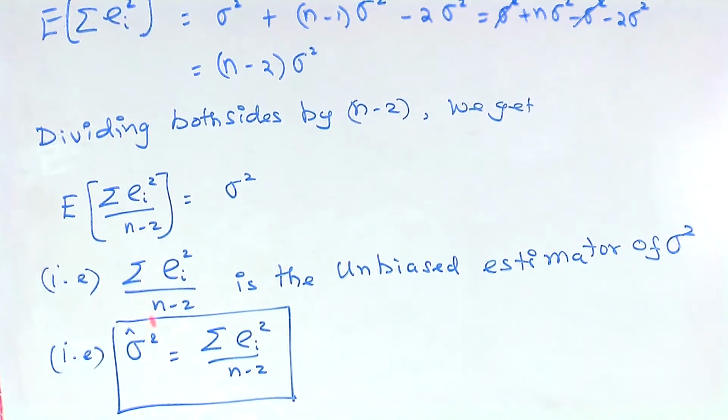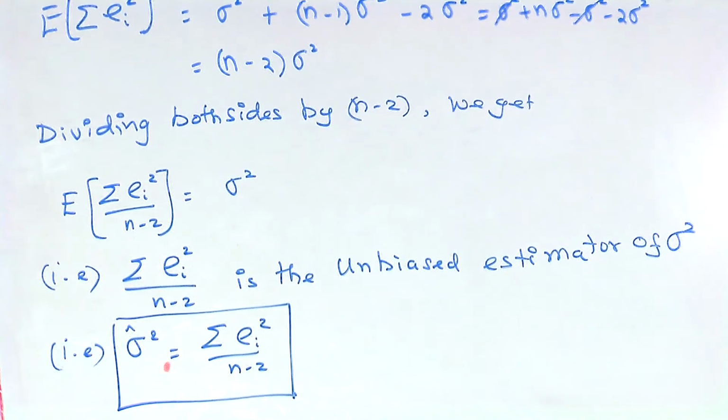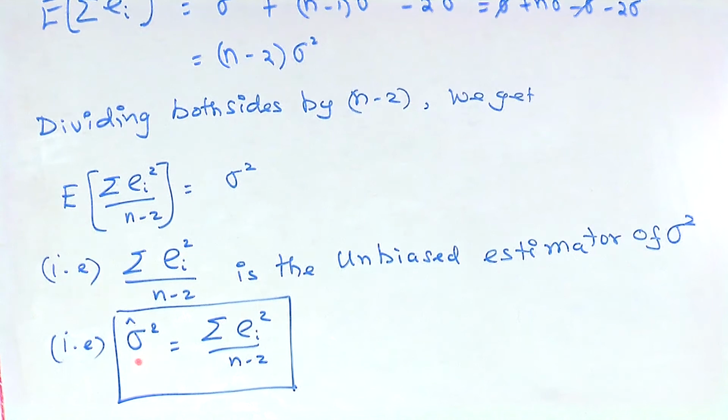So I repeat, the unbiased estimator of sigma square is denoted as sigma hat square, and that is equal to sigma ei square by n minus 2.